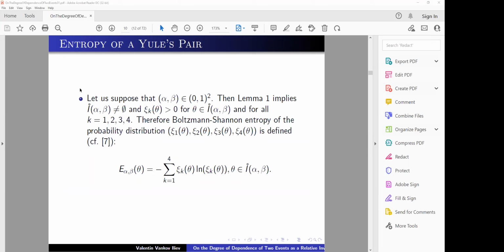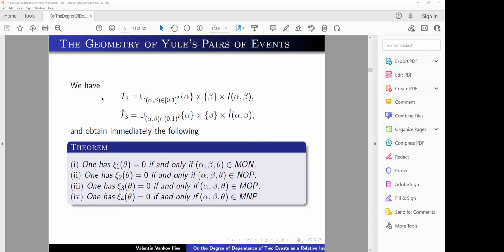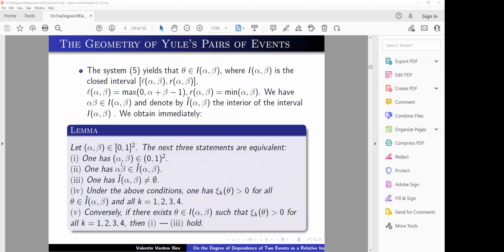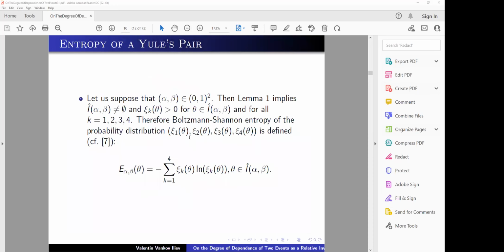So now we take alpha and beta to be strictly between 0 and 1. And remember, the other two statements are equivalent, and under these conditions, all c_k's are greater than 0. So all c_k's are greater than 0 for theta in the interior.